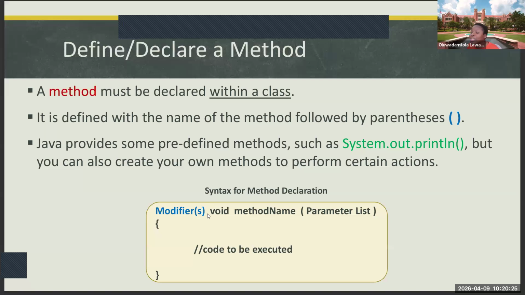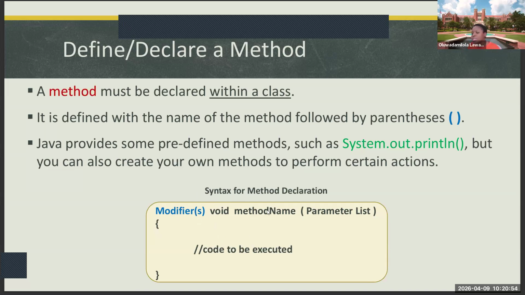We want our method to return a specific data type. So there are two types, void or value returning. Value returning could be integer, float, strings, or character data type. Data type you want your method to return.